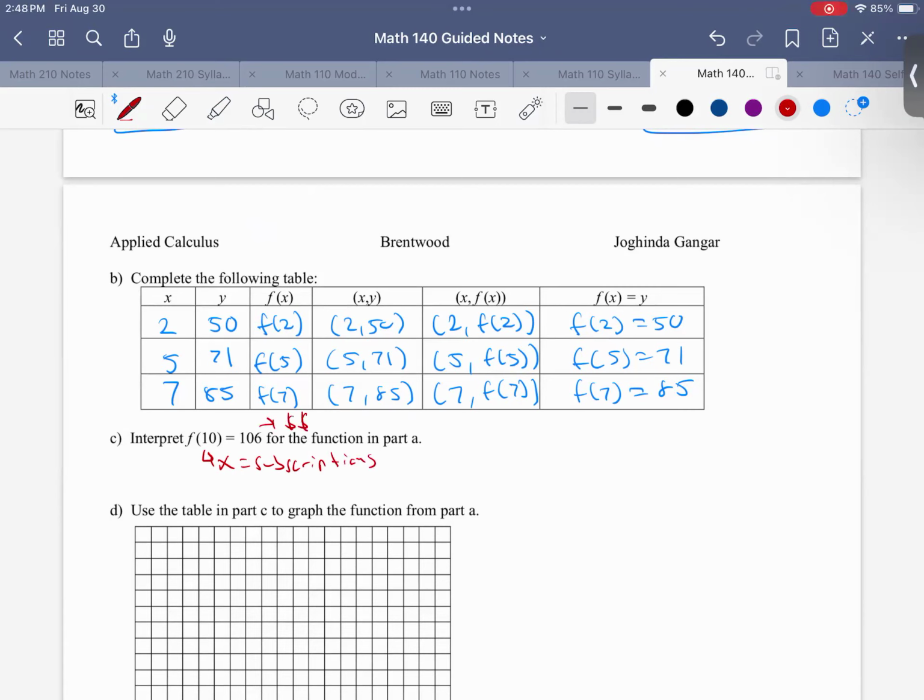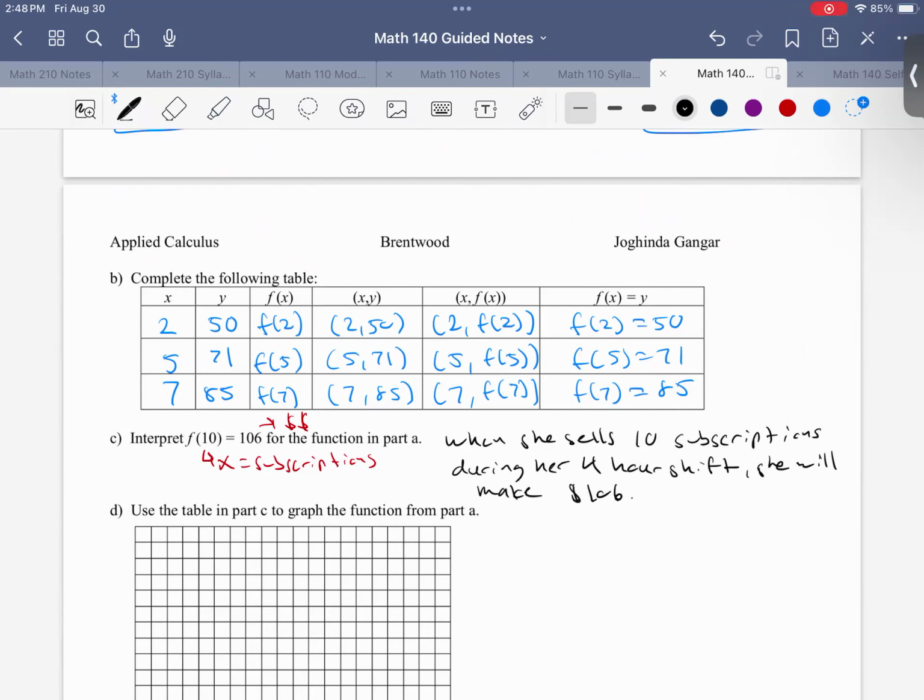Okay, so what this means is when she sells 10 subscriptions during her 4-hour shift, she will make $106. Okay, so that's what this statement means.